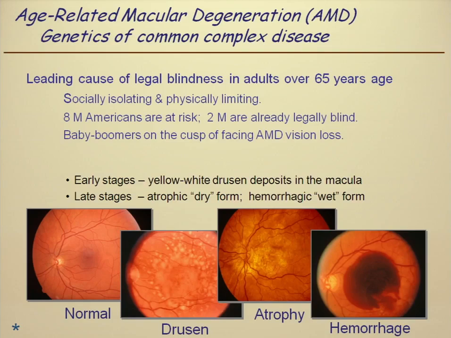With aging, a number of individuals develop these spots. They're lipid accumulations, debris accumulations, called drusen. Those drusen heavily predispose to one of two things, either atrophy, death of tissue, or hemorrhage. For either of those, when you have this in the center of your vision, you can't see through it.